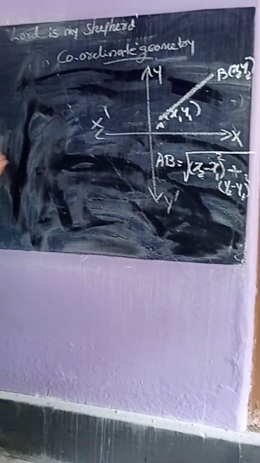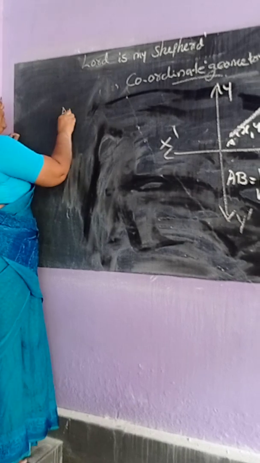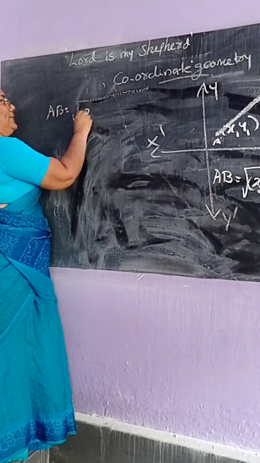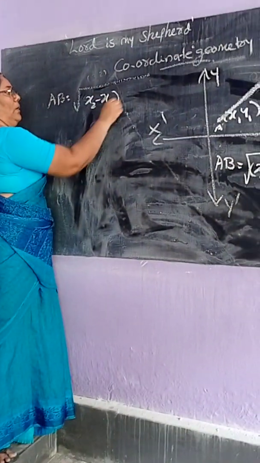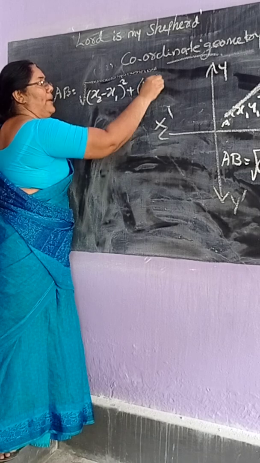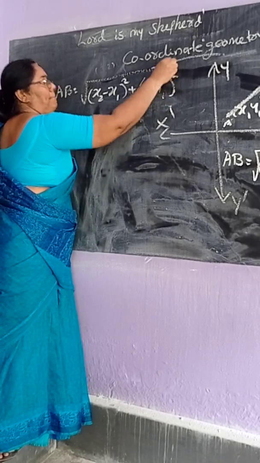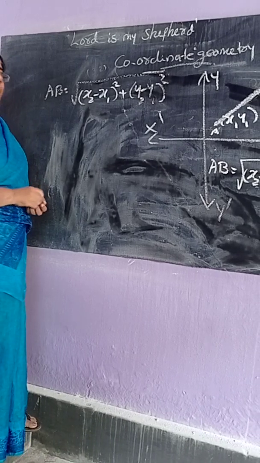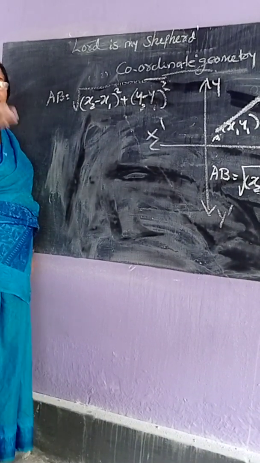Look here. AB equal to root of x2 minus x1 the whole square plus y2 minus y1 the whole square. This formula is known as distance formula. Write one example. Write one question.